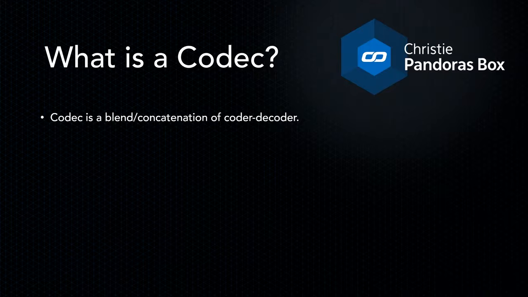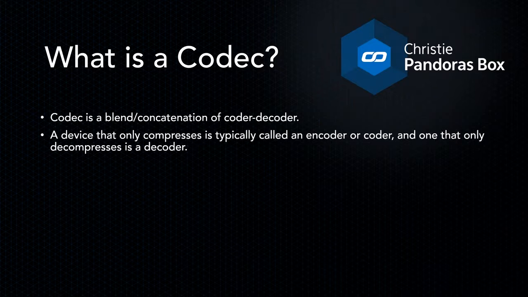A device that only compresses is typically called an encoder or coder, that's the same word. A device that only decompresses is a decoder. So if you're talking about decoding, you mean decompressing. If you're talking about coding, you mean compressing.